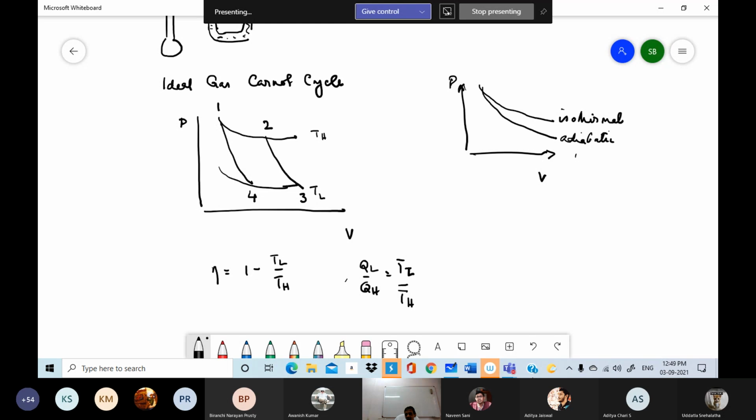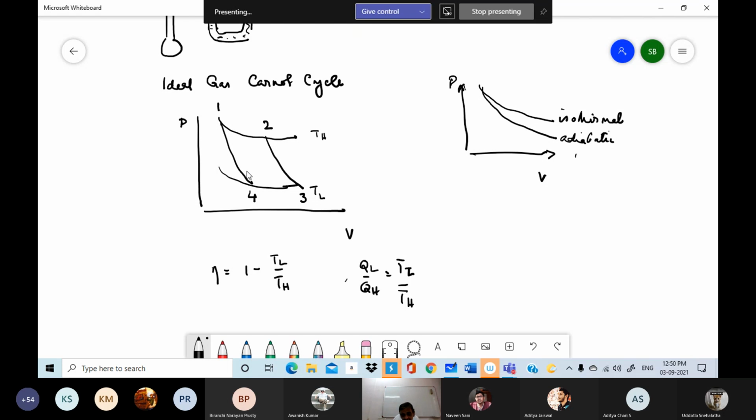From thermodynamics, all we knew was QL by QH was some function of TL by some function of TH. But if we assume that QL by QH is TL by TH, then the Carnot efficiency turns out to be this.